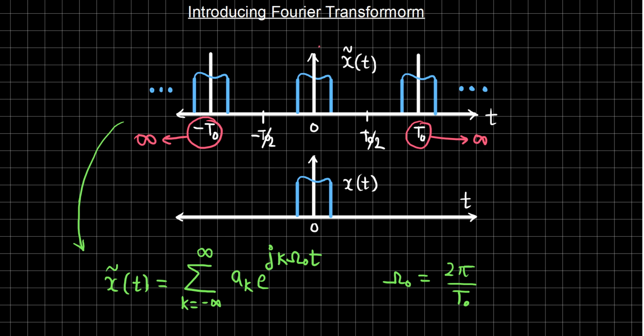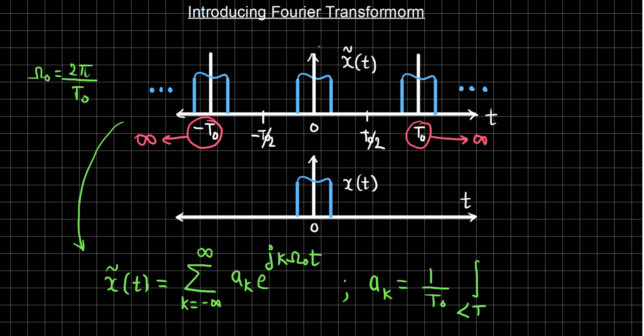Now we know what this ak here is. This ak, I'll write that, so I'll make some space here. We know this omega naught, I'll write it here. This omega naught is 2 pi by t naught, and these ak's are the Fourier series coefficients that are given by 1 upon t naught integration over a period of t naught.